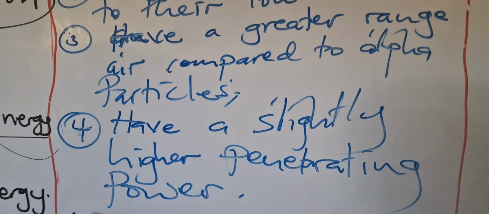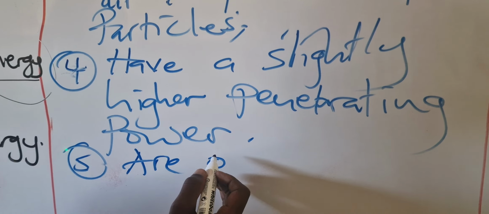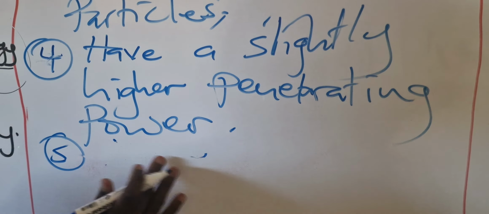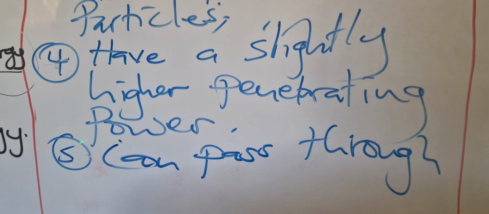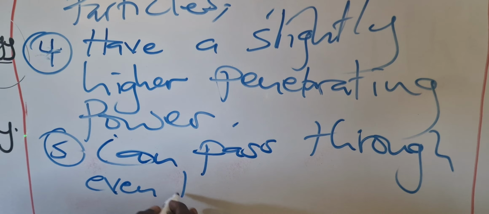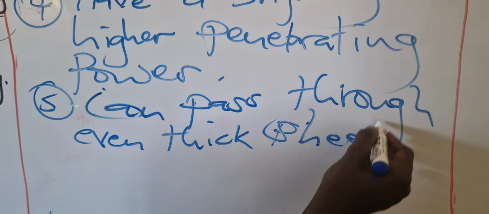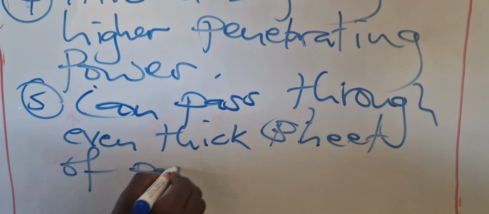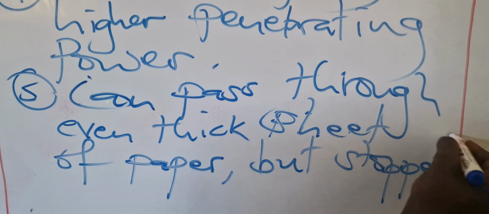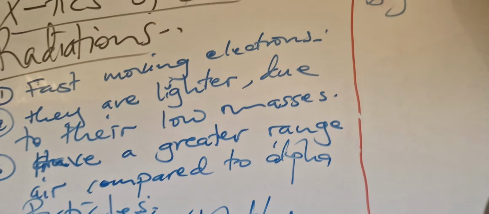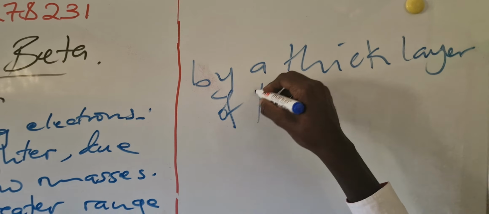to an extent that we shall find that these beta radiations can pass through even thick sheet of paper, but we shall find that it is stopped by a thick layer of aluminium.